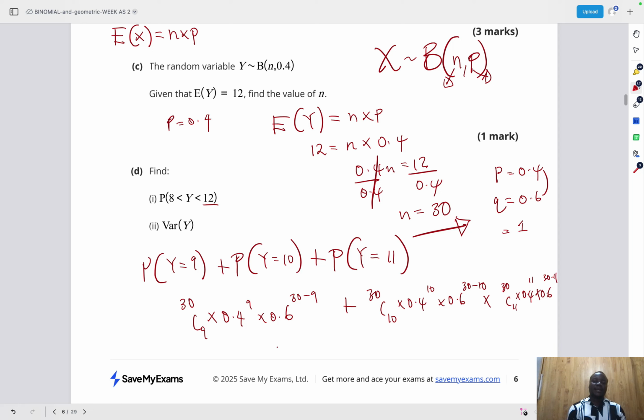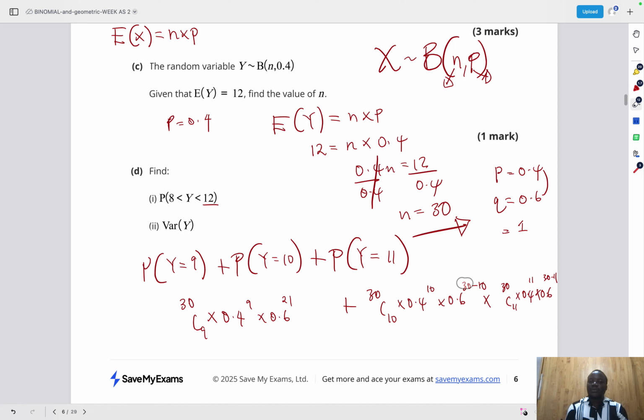That's what we are doing here, and we're just going to use a calculator to find the answer. But you don't really need to show this. You can do 30 minus 9 on your own and then just say 0.6 raised to the power 21, which is what I'm going to do here. So this is 0.6 to the power of 21.